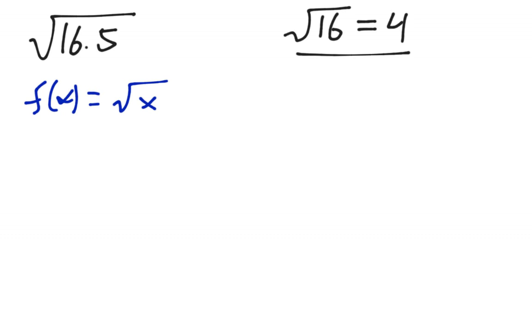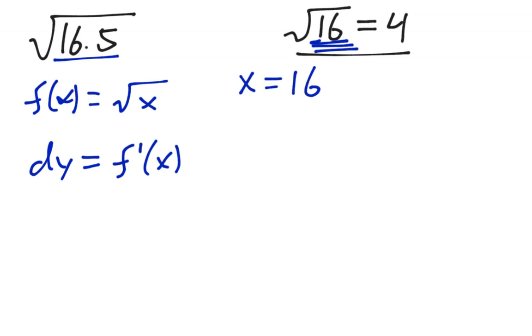And what x value do we care about? We don't care about 16.5. The x value that we're going to pick is the x value that we know the value for. It's going to be 16. So let's do this. dy equals f prime of x times dx.